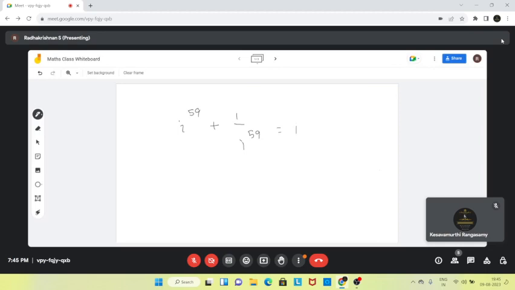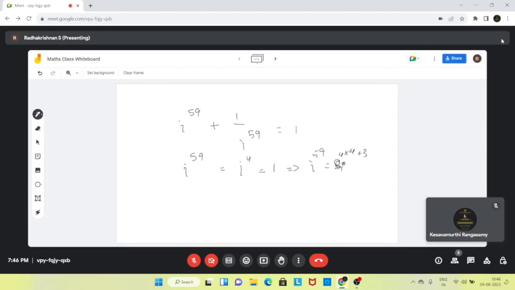Okay. See, there are two approaches. One is, you can write I power 59. Always when you see a big number like this, you can simplify it to I to the power of... don't use the square, because I to the power of 4 equals 1. So I to the power of 59 will be I to the power of 4 times 14 plus 3.